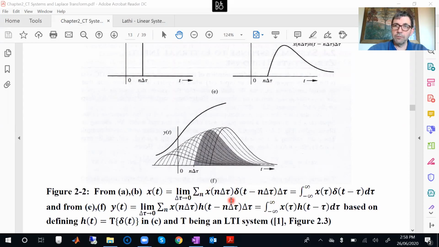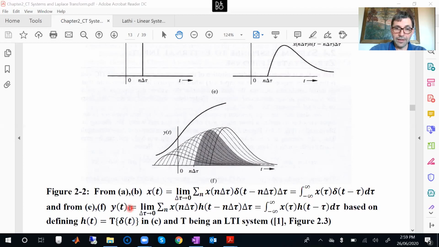To make the approximation approach x, we have to make the width shorter and shorter. We have a larger and larger number of impulses spaced closer and closer together, and we take the limit as that tends to 0. That ends up being this convolution, which is the sifting property, because as delta goes to 0, a summation becomes an integral.